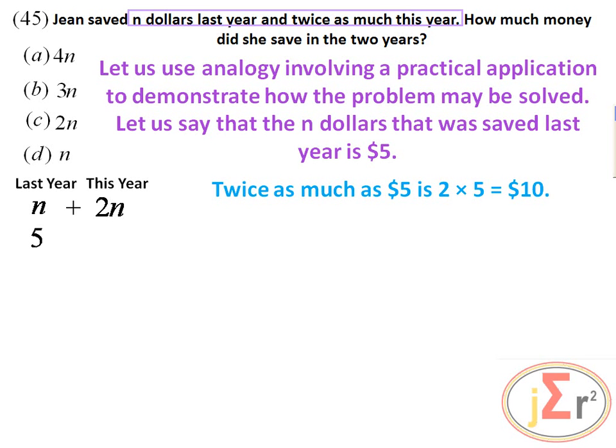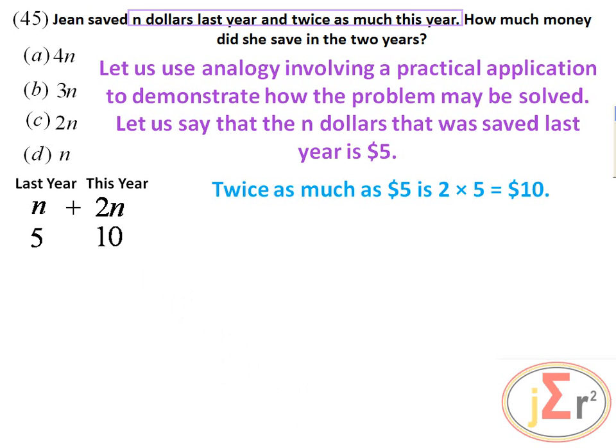So if she saved 2 times or twice as much this year, twice means 2 times, and the times is associated with multiplication. Therefore, the amount that was saved last year, we will multiply that by 2 or times it by 2 in order to determine the amount saved this year.